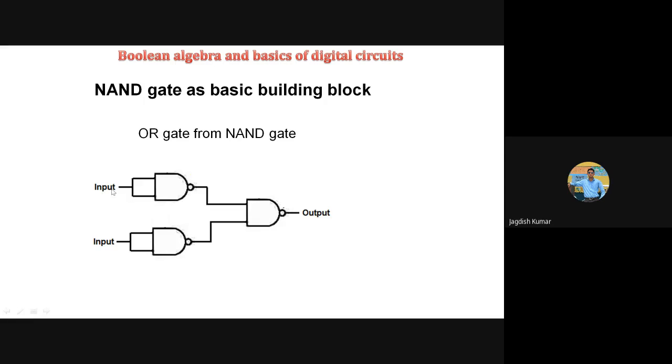Let us name the first input as A, the second input as B, this one as C, this one as D, and the final output as Y. So you have 4 input columns and the 5th is the output column.